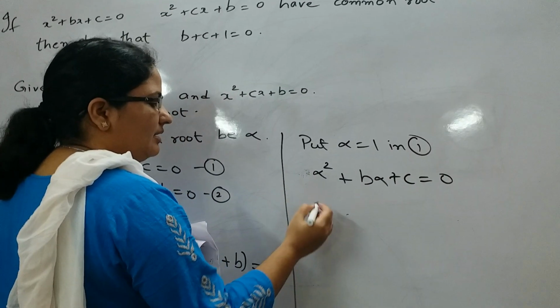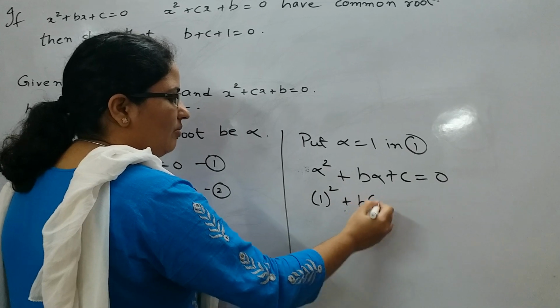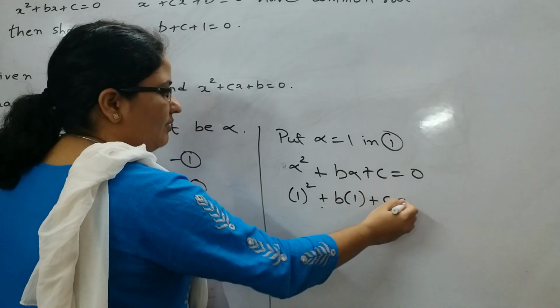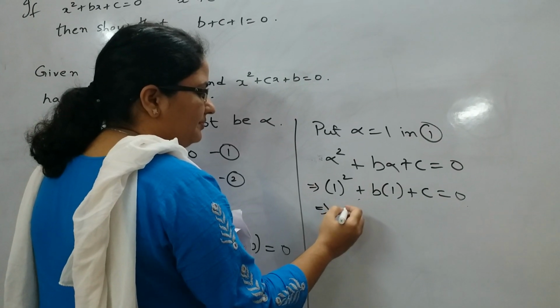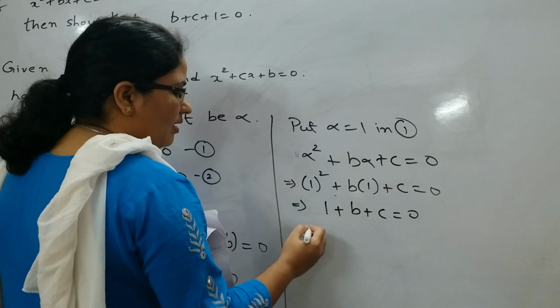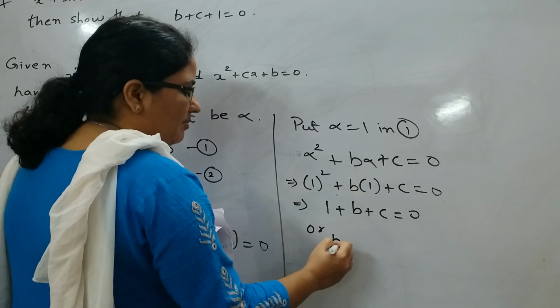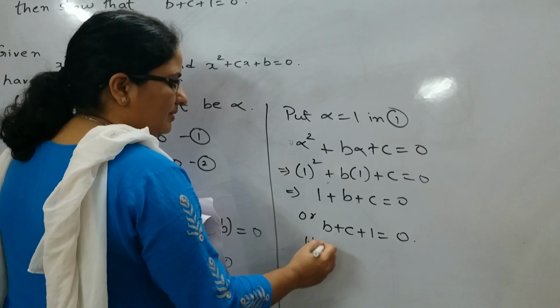You put 1 here, you get 1 square plus b into 1 plus c is equal to 0. This implies 1 plus b plus c is equal to 0, or b plus c plus 1 is equal to 0. Hence proved.